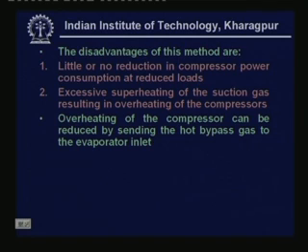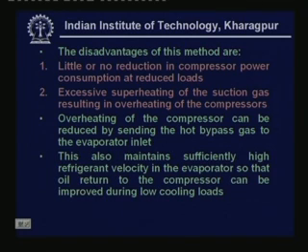This method is also advantageous because the refrigerant flow rate through the evaporator remains the same. As a result, the velocity of refrigerant through the evaporator remains the same, which will ensure the return of the oil to the compressor. That means sending the hot gas to the inlet of the evaporator is much better than sending it to the inlet of the compressor.